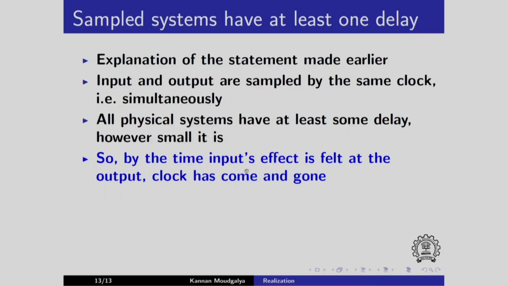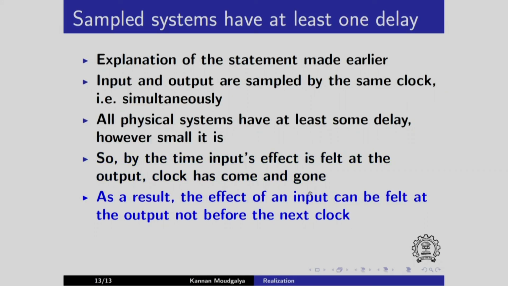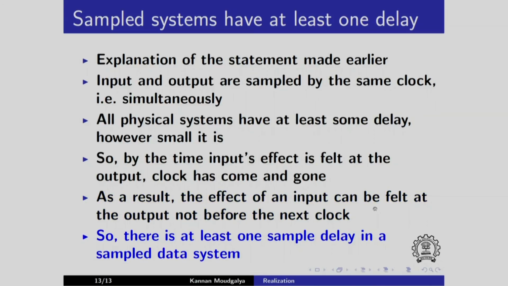So by the time input's effect is felt at the output, the clock would have come and gone, because the input and output are synchronized by the same clock. As a result, the effect of an input can be felt at the output not before the next clock pulse. So we say that there is at least one delay in sampled data systems.